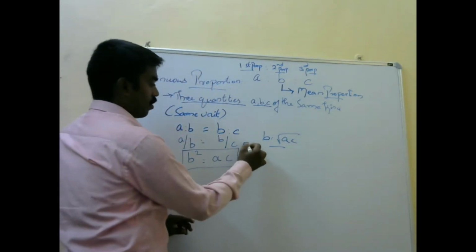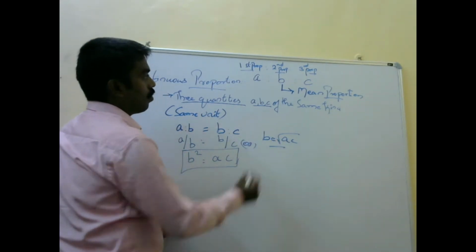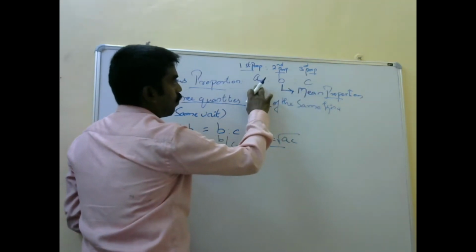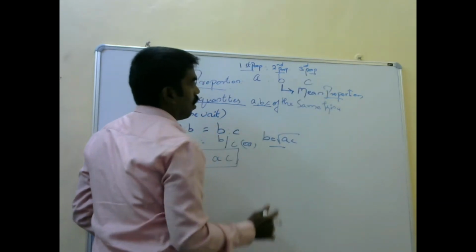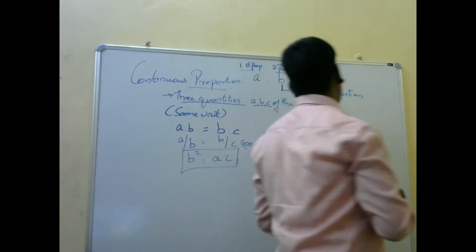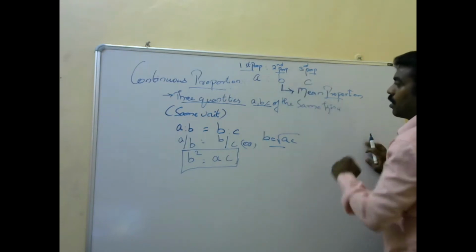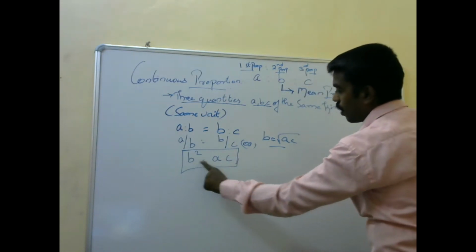You can also say B is equal to the square root of AC, because A is the first proportional, B is the second proportional, C is the third proportional. Product of extremes is equal to product of means, as I have said already. In that case, the mean is the second proportional, so B is equal to the square root of AC, otherwise B squared is equal to AC.